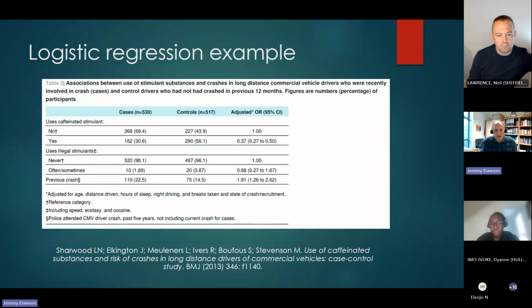In other words, the odds have decreased by a factor of about 63%.